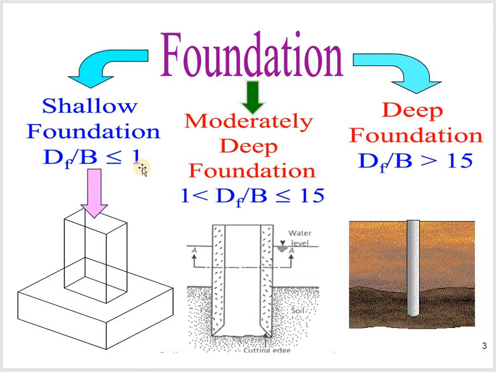That means depth is very small compared to the width of the footing. But if this Df by B is considerably high, greater than 15, in such a case it is called a deep foundation, for example a pile foundation. But if it falls in the range of 1 to 15, then it is a moderately deep foundation, for example a well foundation or a caisson, etc.